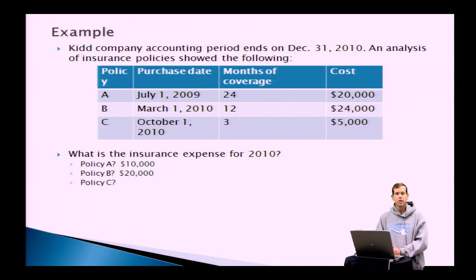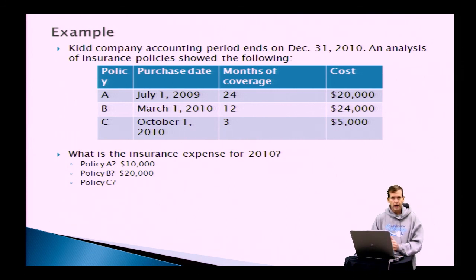policy C. Policy C, we purchased on October 1st of this accounting period. 3 months coverage. It's only a 3-month policy, so this is a relatively short policy, and it costs us $5,000. How many months of this policy were expired in this current accounting period as of December 31st, 2010? Well, we bought it October 1st, so all of October, all of November, and all of December. 3 months worth of this policy, C, have expired.